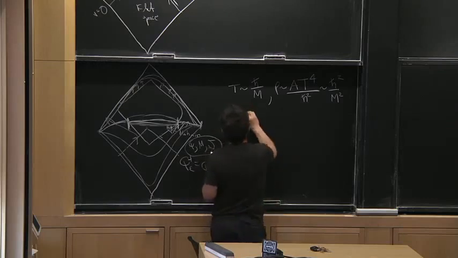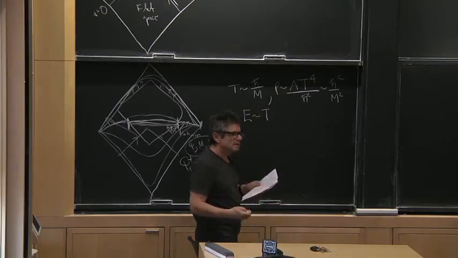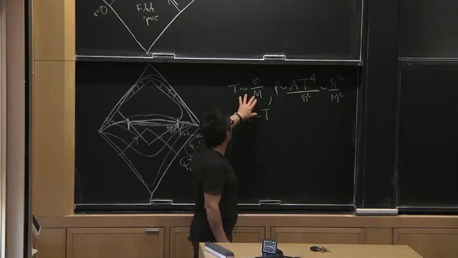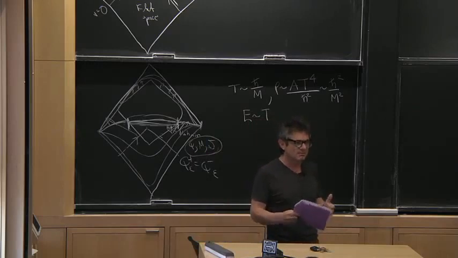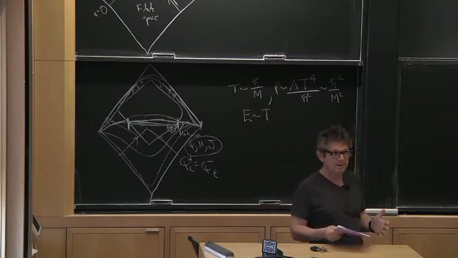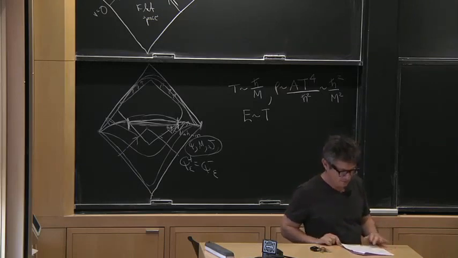And also, typically, the energy of a typical Hawking quantum is of order the temperature, that is, the Compton wavelength of a typical Hawking quantum would be the Schwarzschild radius.